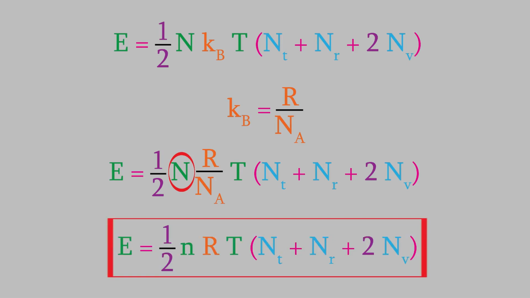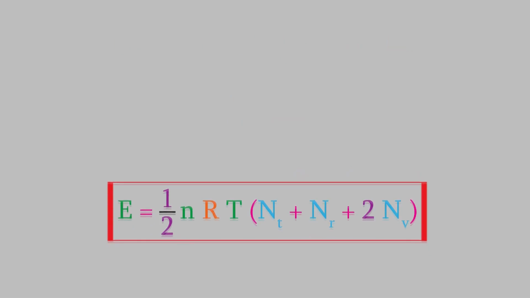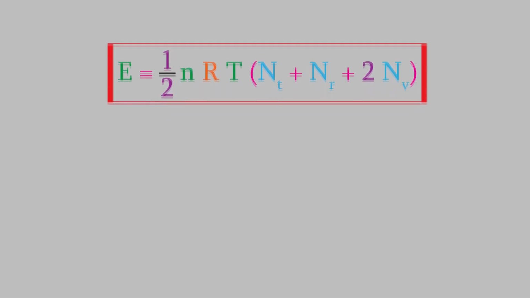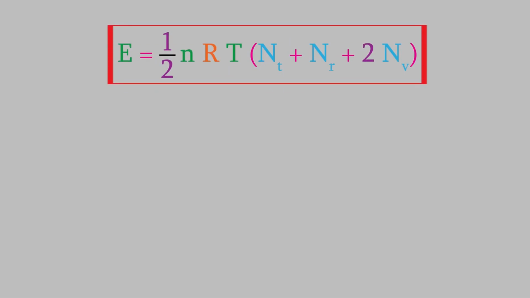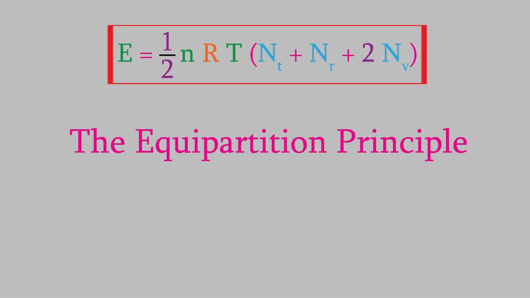It's most accurate for samples that behave like ideal gases. This equation is a very easy way to determine the energy due to the motions of molecules in a sample, and it's known as the Equipartition Principle. One of the most useful things we can do with it is determine the energy that would be needed to heat a sample.